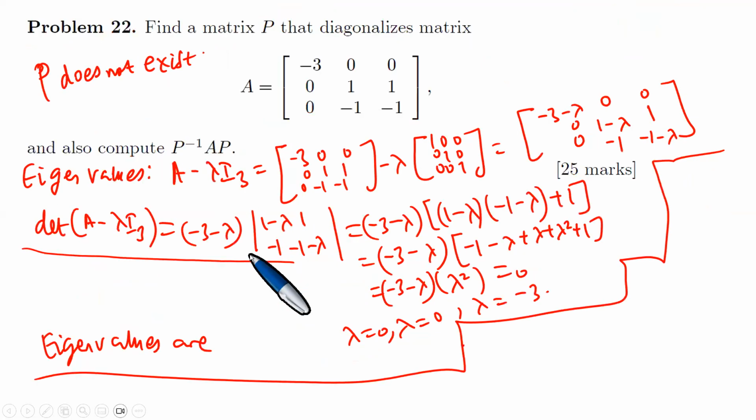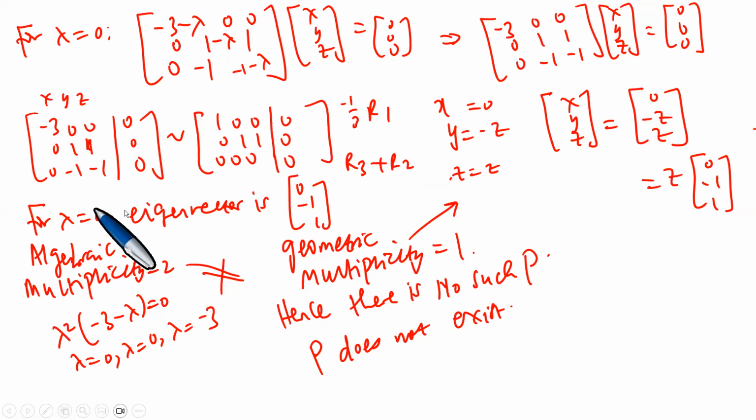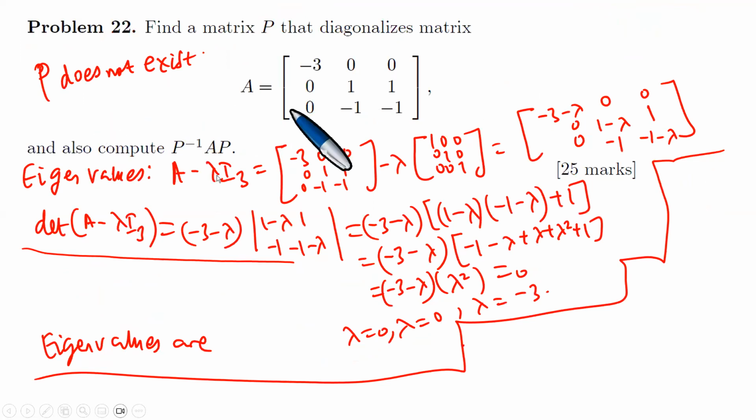For us to get the matrix P, we must have 3 columns. But lambda equals 0 is supposed to produce 2 vectors, and they produce only 1. So there's no such P, and there's no need to proceed. P does not exist, so we can't compute the diagonal matrix.